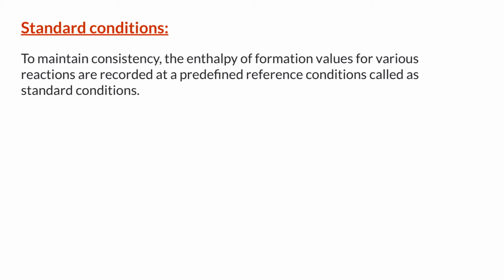Standard conditions are the following: a constant pressure of 1 atm and a constant temperature of 25 degrees Celsius. So the enthalpy of formation values for all the reactions that we discuss are recorded at these conditions: 1 atm pressure, 25 degrees Celsius.